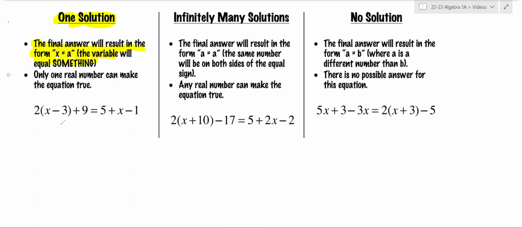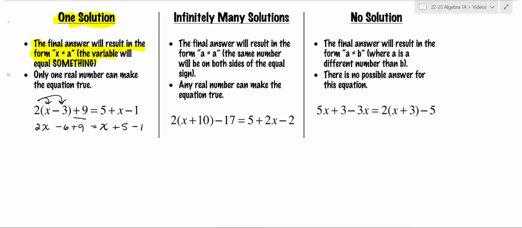So you have this and you're solving. I see parentheses, so you're going to distribute the 2. You're going to get 2x minus 6 plus 9. So right now we're just keeping all the terms that we haven't touched, okay? Well, we might as well rewrite this because we have the x and then you have the 5 minus 1.